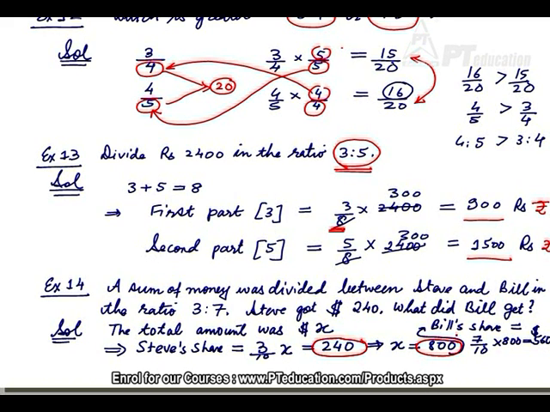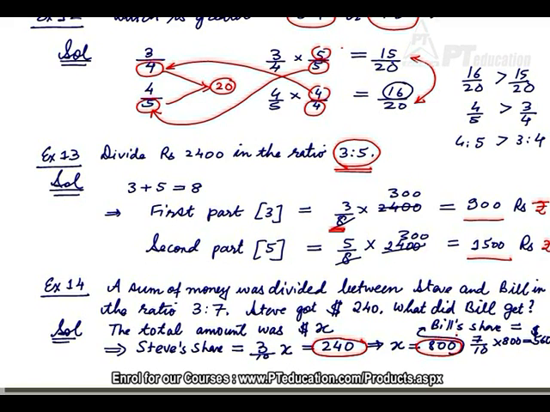Solution. Let us say the total amount was X dollars. This implies Steve's share was 3 by 10 X, but that was equal to $240 given to us in the question. Thus, X will be equal to 800.